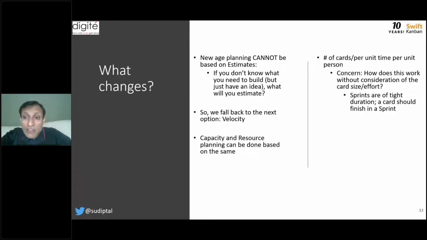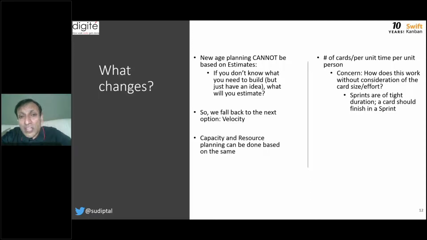Now, very clearly, this can be done, as I said, based on throughput, number of cards per unit time. But again, there's a lot of guesswork, right? To what level of granularity I design my story cards or my technical story cards, or my tickets, whatever is flowing in.